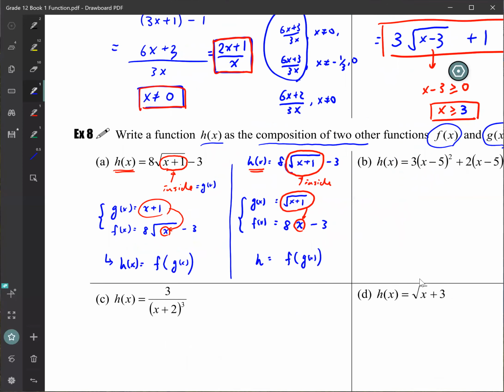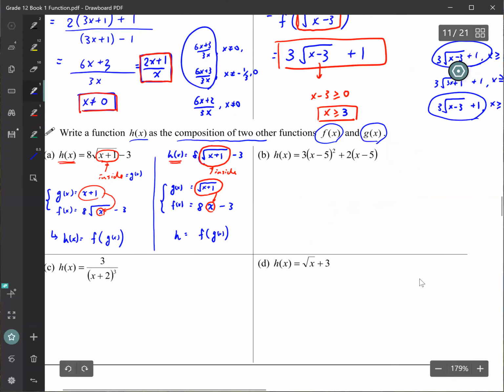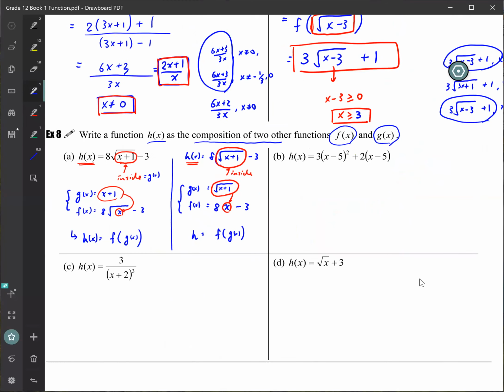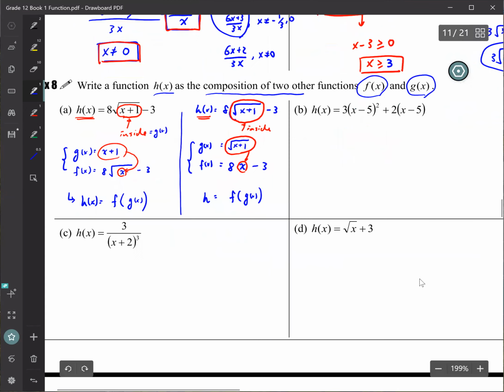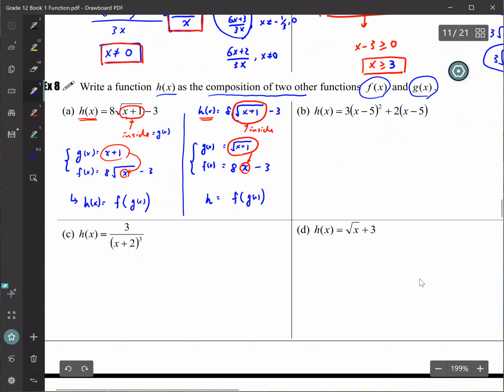So I would like you to try B, C, D right now, okay? So you just need to find one of the ways and then we'll check, okay? If you got something different, you can share as well. We'll check if your answer is correct as well, okay? So once you finish the three, please raise your hand and then we'll go over it.